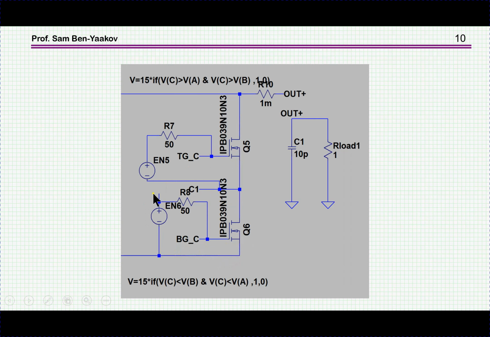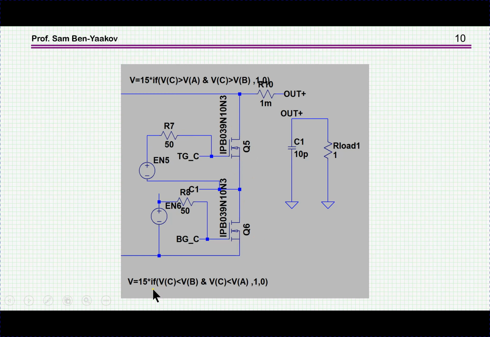We see the behavioral sources here, and here's the expression, and then it goes to the gate. I've put 50 ohm here. Perhaps it's a little too high, so probably 10 ohm would be more appropriate, but for 60 hertz, 50 ohm is okay for such a low frequency.